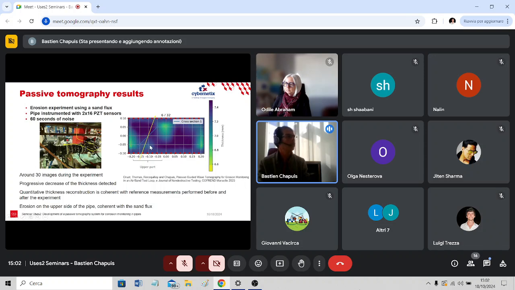So we have here some of the images that are acquired. It's 60 seconds of noise that is processed at different steps between the different times during the experiments. So there were several batches of sand that were sent in the pipe.